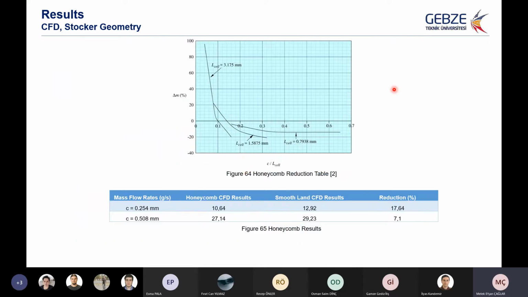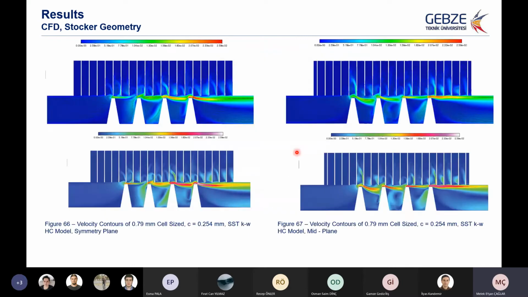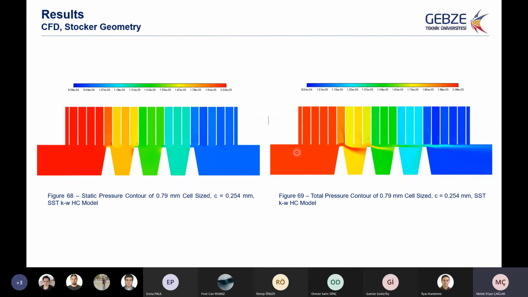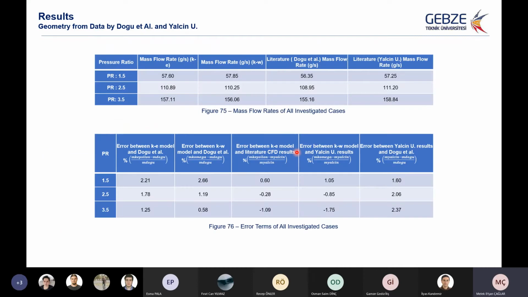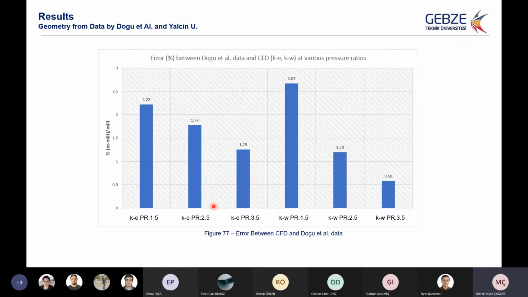And for honeycomb reduction, I found a 17% reduction for one clearance and 7% for the other. And those are my velocity contours, static pressure and total pressure contours. For the other data set, I did the same procedure and found really acceptable error levels.